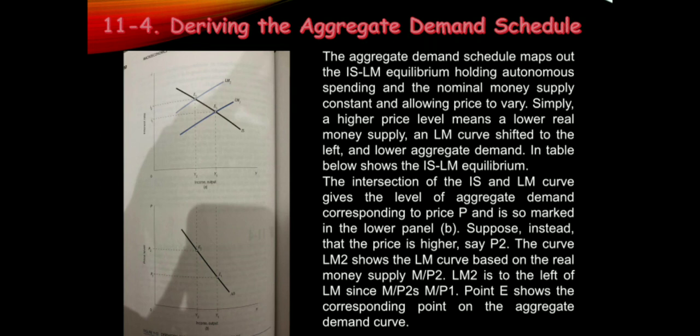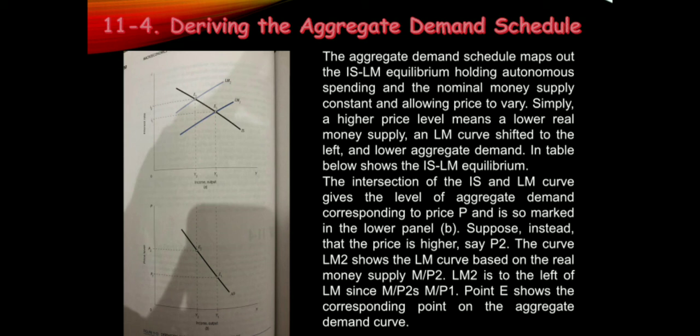Okay, next is deriving the aggregate demand schedule. The aggregate demand schedule maps out the IS-LM equilibrium, holding autonomous spending and the nominal money supply constant and allowing the price to vary. Simply, a higher price level means a lower real money supply, an LM curve shift to the left, and lower aggregate demand.